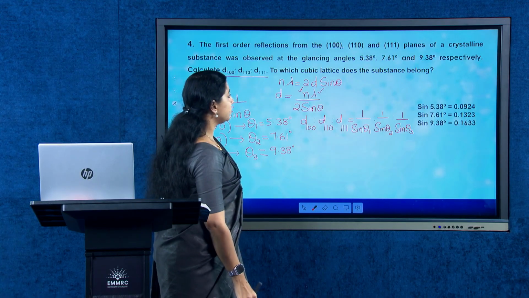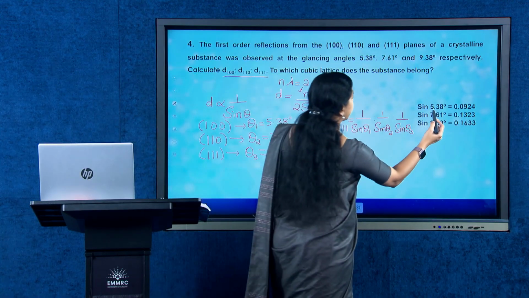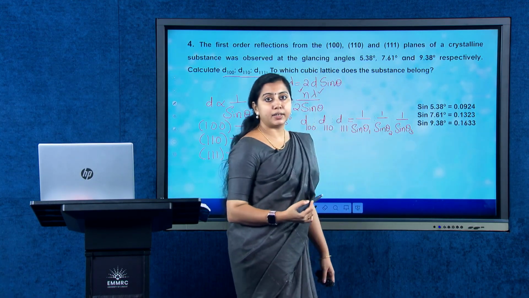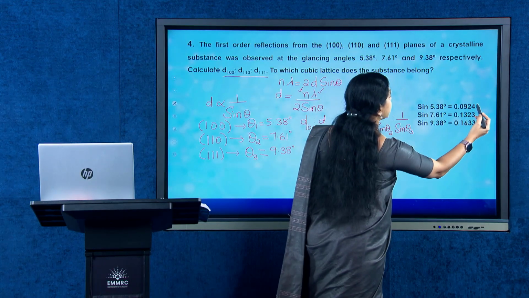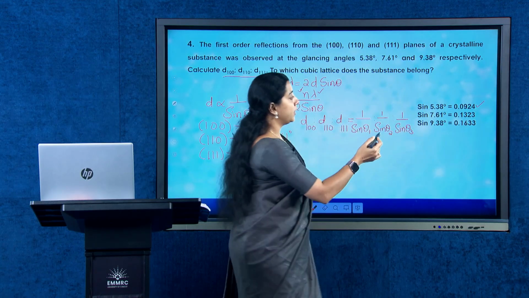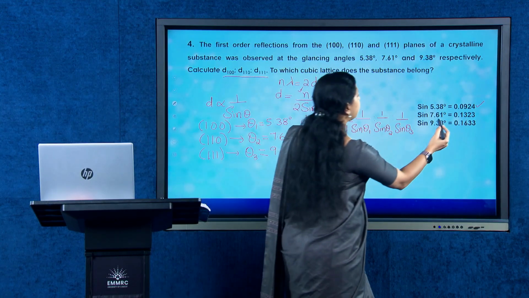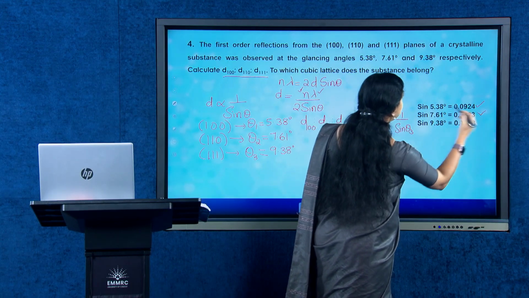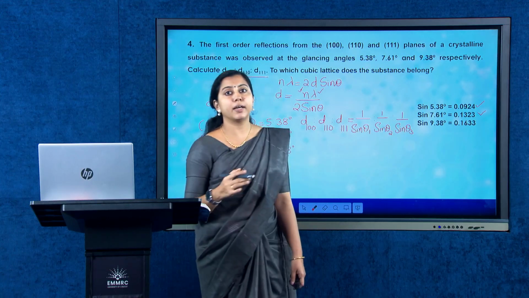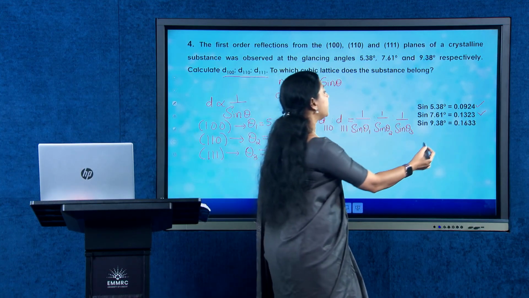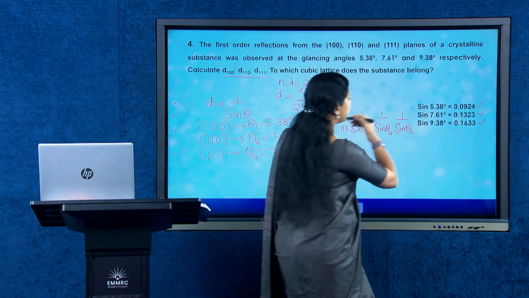Okay. So, sin 5.38 degree is equal to 0.0924, and theta 2 is 7.61 degree and sin 7.61 degree is 0.1323. Theta 3 is 9.38 degree. So, sin 9.38 degree is 0.1633.